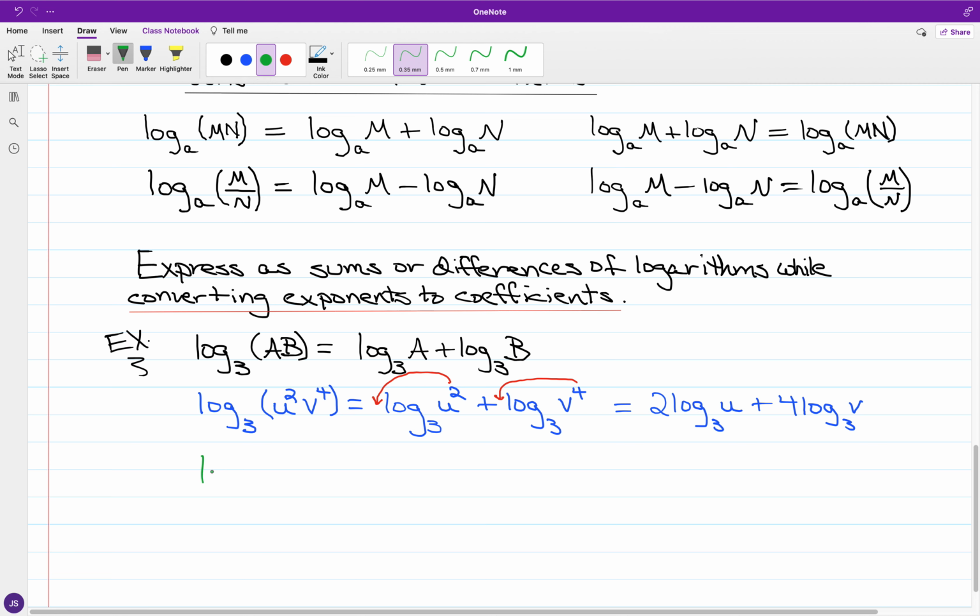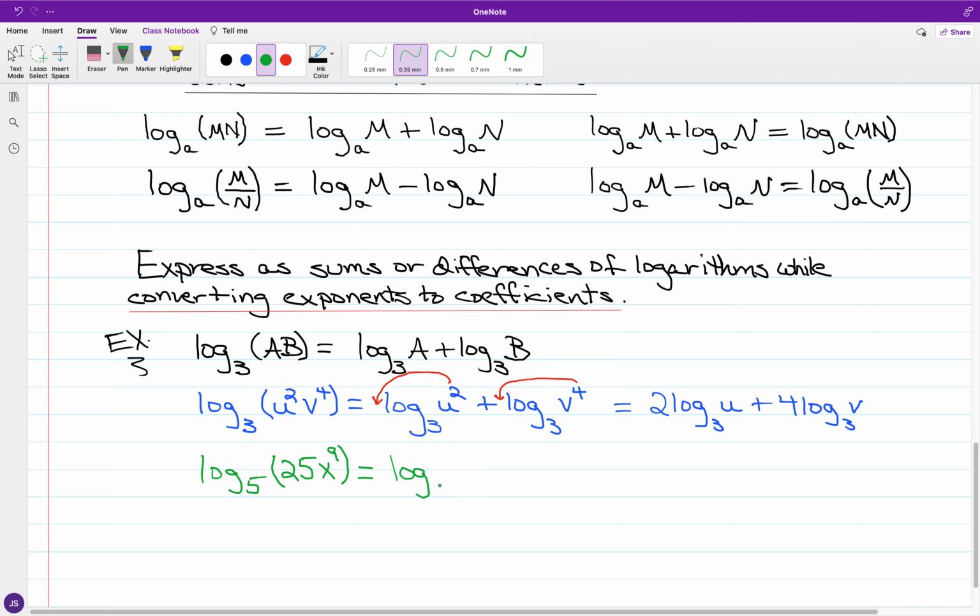Say we have the base 5 logarithm of 25 times x to the 9th. So if I look at separating 25 from x to the 9th.